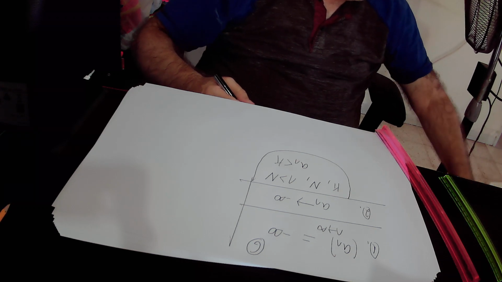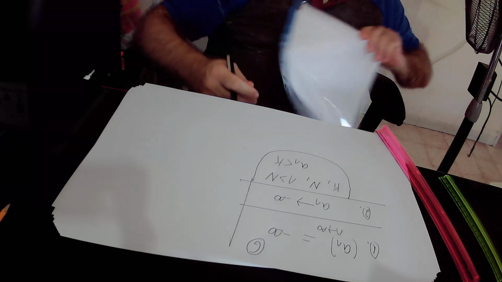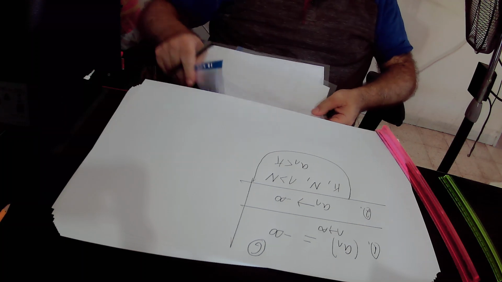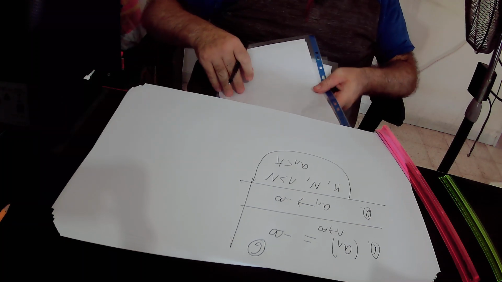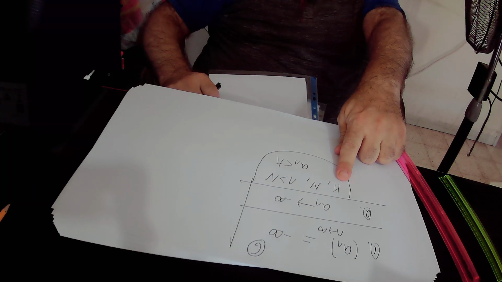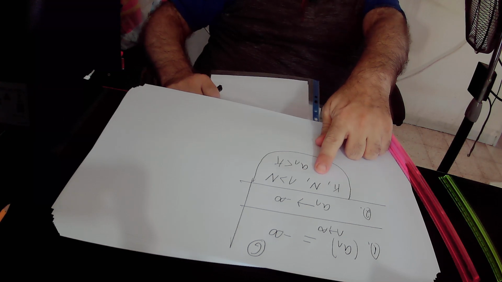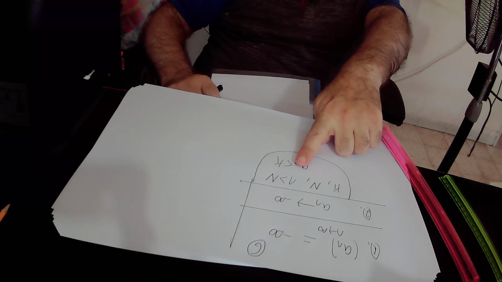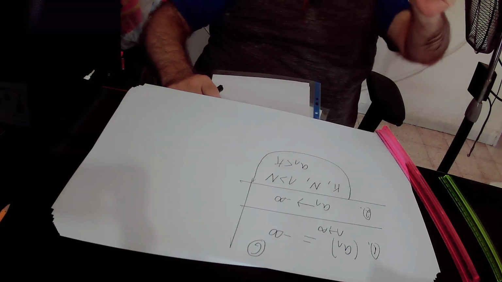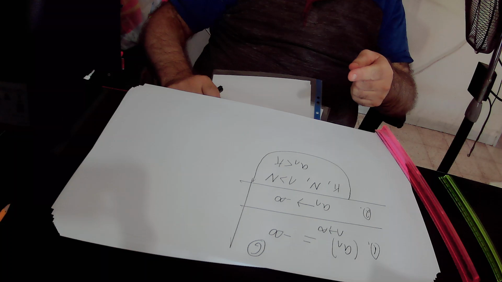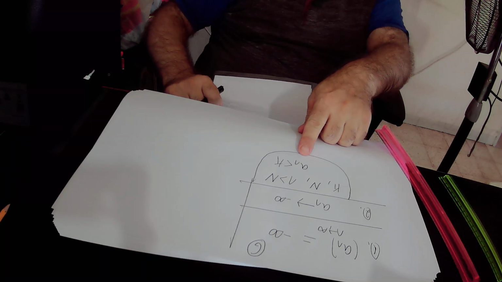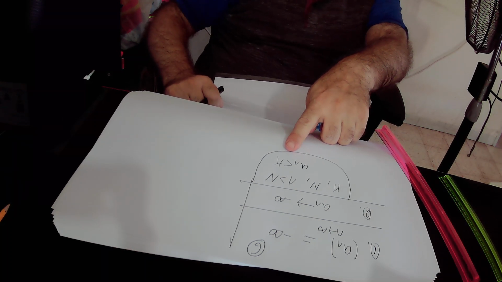So for any k as small as we want, we will have to find capital N that belongs to the natural numbers, and for every natural number n that is greater than capital N, we will get that the terms of the sequence are less than k.